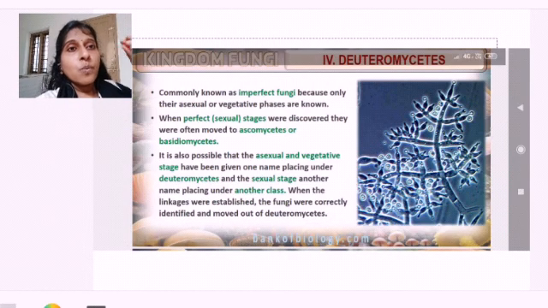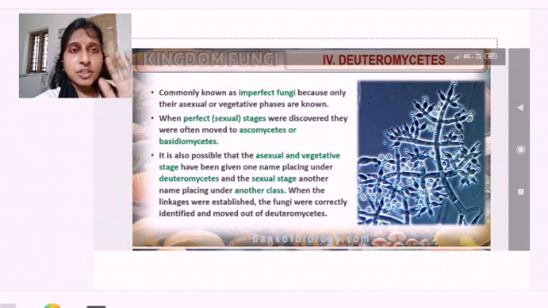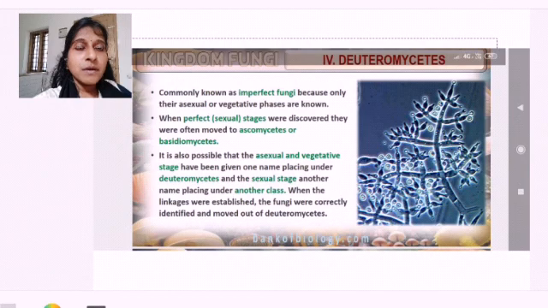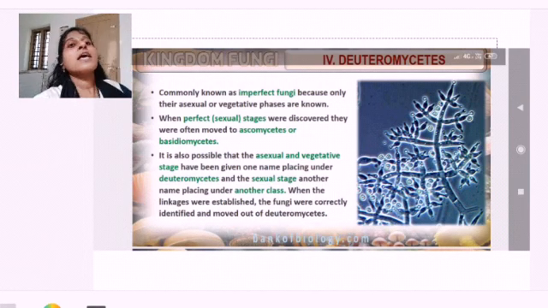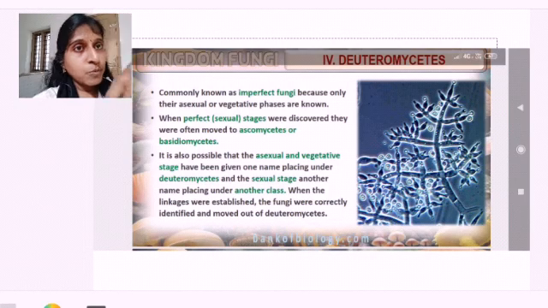So when you first get it, if sexual reproduction is not taking place, it goes to Deuteromycetes. When we find out that meiosis and so on are taking place, then we will learn whether it resembles the sexual characteristics of Phycomycetes, Basidiomycetes or Ascomycetes. Then we will move them from this group and put them in the other groups.